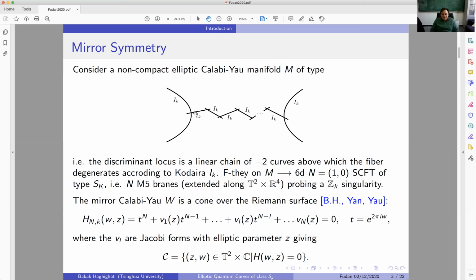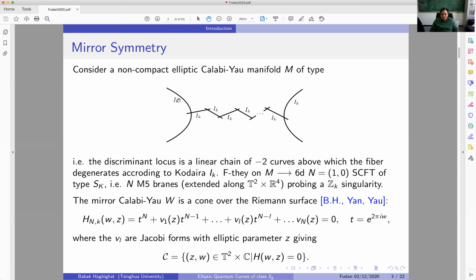Each of these lines represents a -2 curve, such that the discriminant locus of this elliptic Calabi-Yau is this chain of -2 curves, which you can see here. By -2, I mean a curve with self-intersection -2. And the elliptic fiber degenerates over this discriminant locus as an I_k Kodaira singularity.